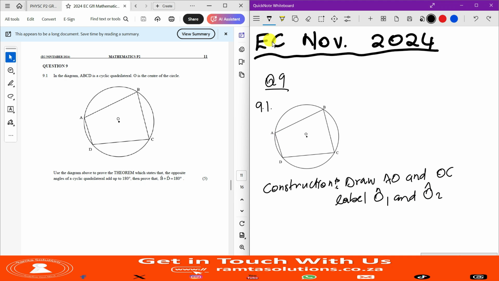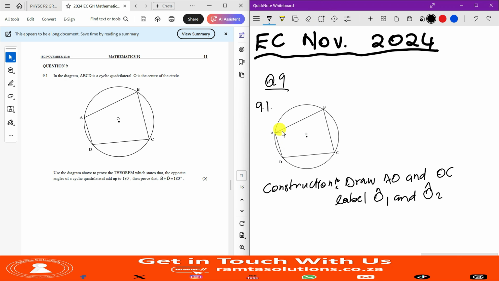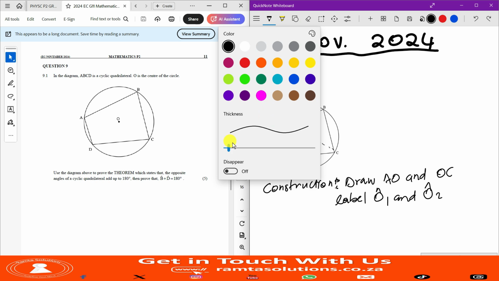Let me lower the font size here. As you can see, this is AO and this is OC. All right. Let's call this one O1 and let's call this one O2. Do you see that? Perfect. Let me go back to my size.